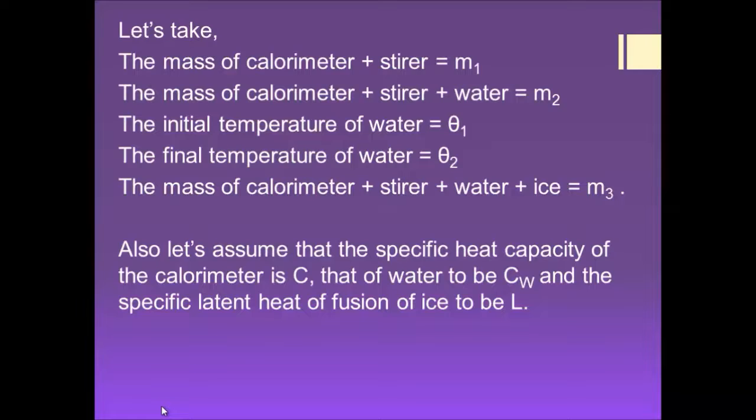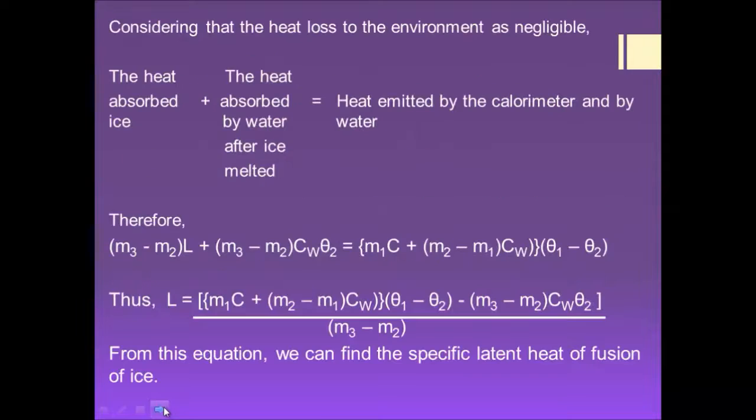Now from the calorimetry equation, you can say that the heat absorbed by one system is equal to the heat emitted by another. So the heat absorbed by ice and the heat absorbed by water after ice is melted is equal to the heat emitted by the calorimeter and by water.